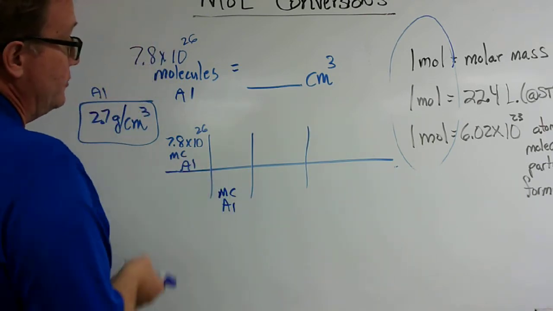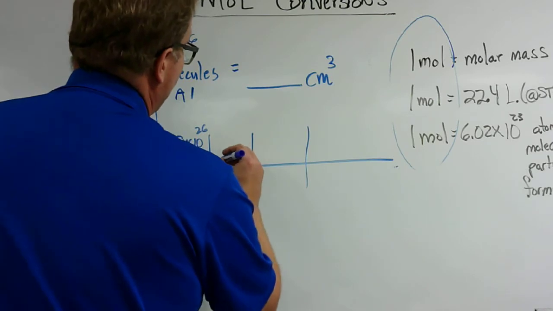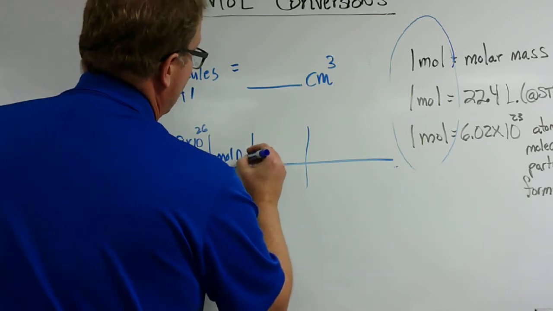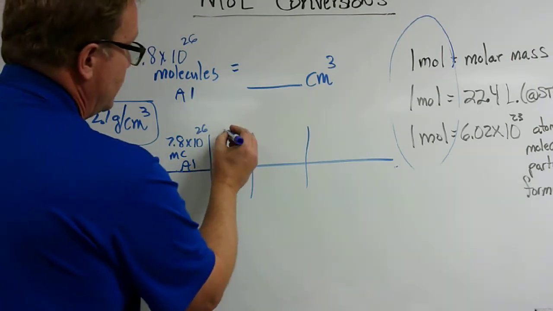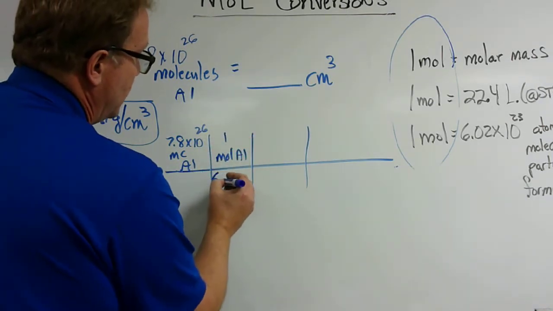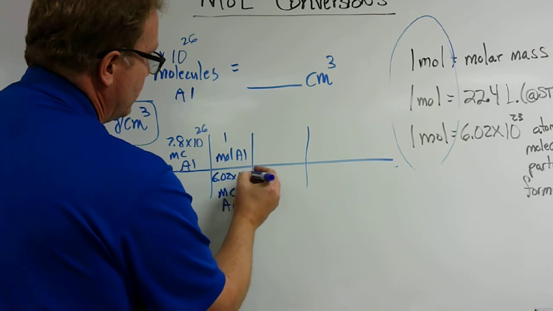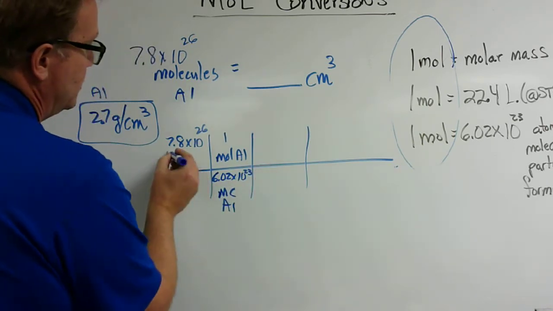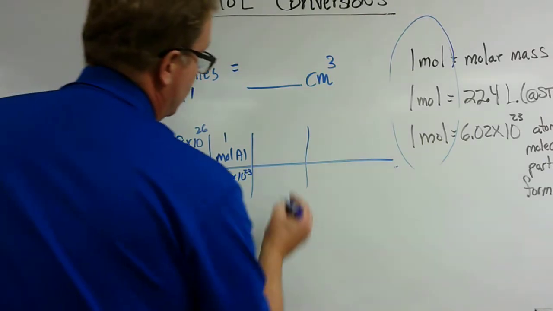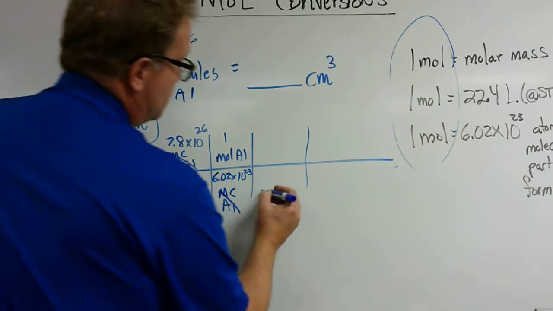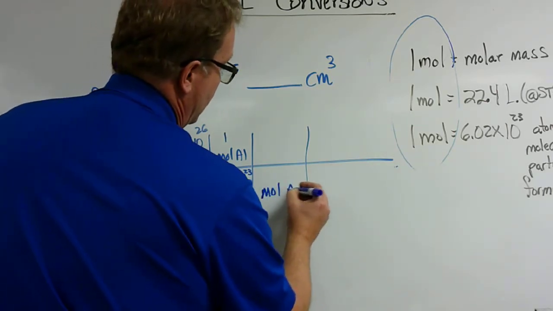What is my next unit, or what hasn't made an appearance yet, which would be the mole of aluminum, the big one between these two. It is the mole. I got 6.02 times 10 to the 23rd molecules. Now I just keep moving. I got mole of Al here. What's going to cancel that out? Mole of Al.